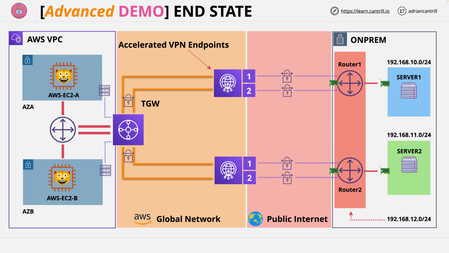It uses dynamic routing, performance is increased by using the AWS Global Network, and it has extreme high availability with 2 customer locations, 2 VPN connections, and each of those has 2 tunnels going from 2 AWS endpoints back to the customer endpoints. This is a truly highly available dynamic design.